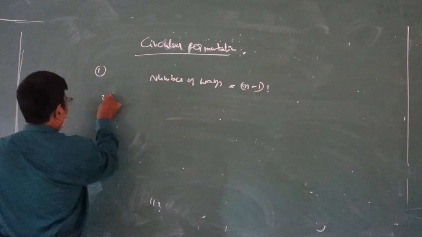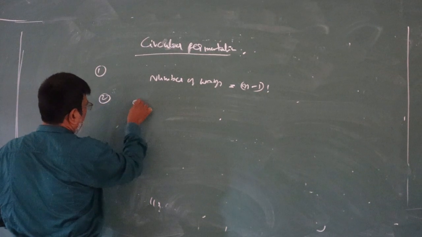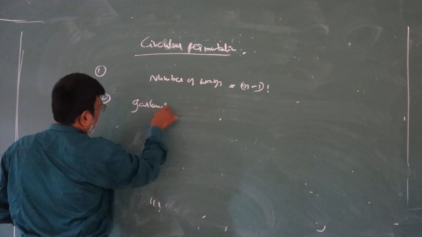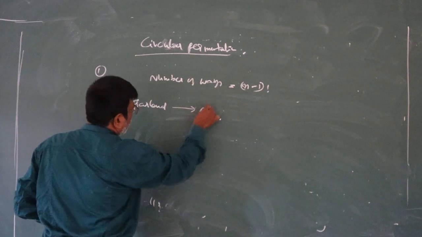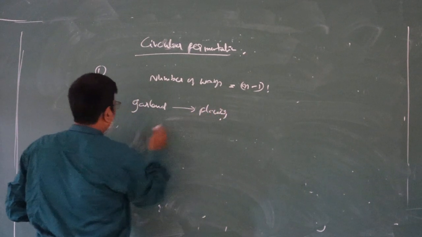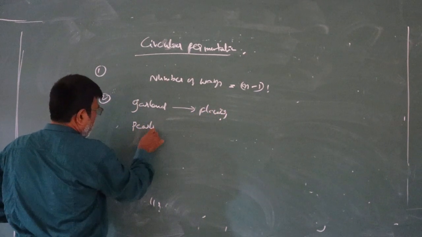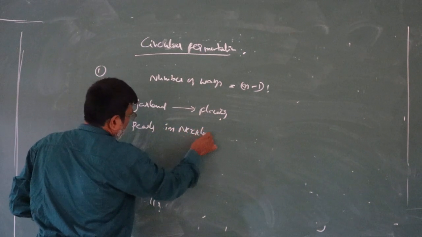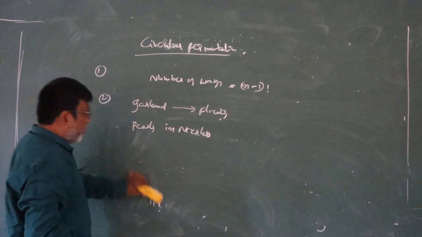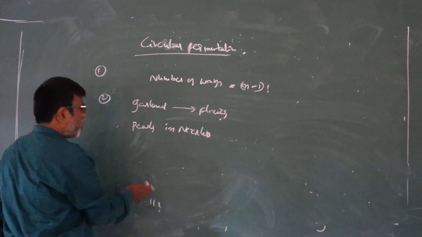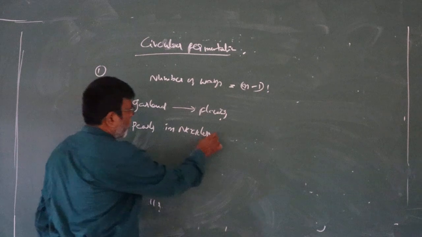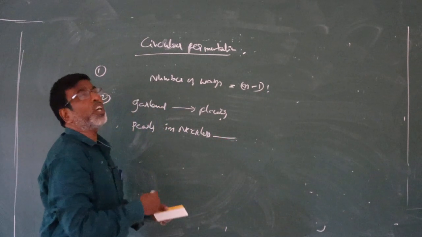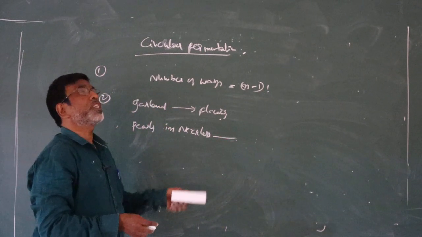Suppose in the case of a garland, the arrangement of flowers in a garland, or pearls in a necklace, directions are not considered. Both anti-clockwise and clockwise are the same.